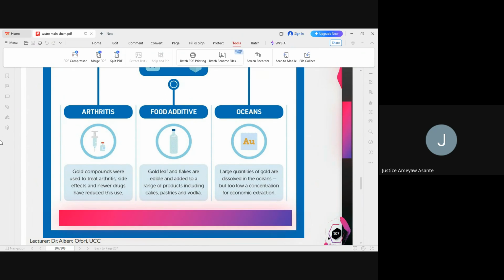Arthritis, fuel additive, and oceans. Gold compounds were used to treat arthritis. Side effects and newer drugs have reduced this use. Both leaf and flakes are edible and added to a range of products, including cakes, pastries, and butter. Large quantities of gold are dissolved in oceans, but at too low a concentration for economic extraction.